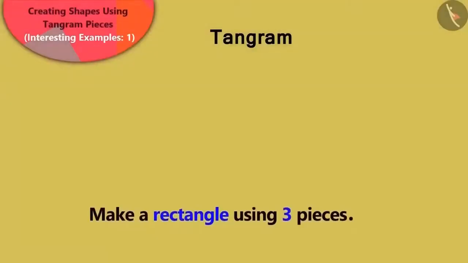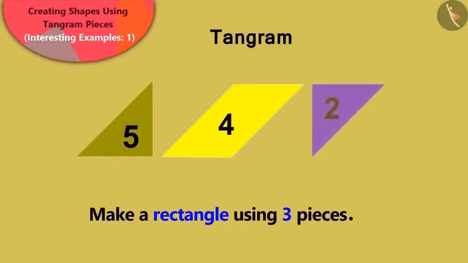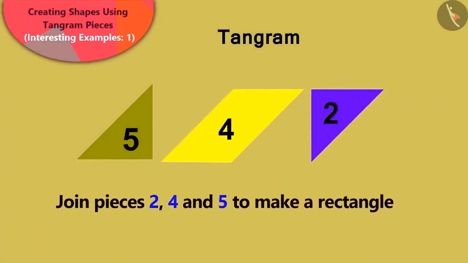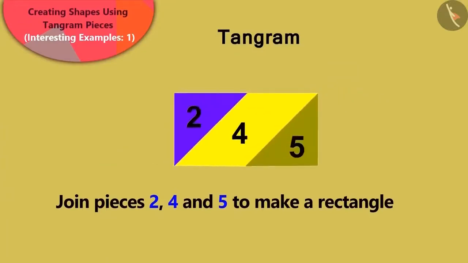Children, can you join 3 pieces of the Tangram to make a rectangle like this? We can join pieces number 2, 4 and 5 in this way to make a rectangle like this.